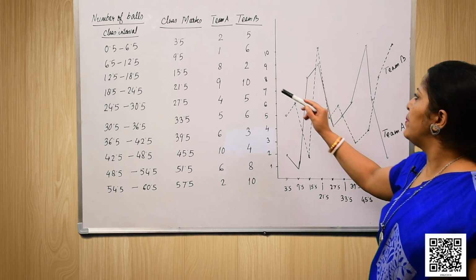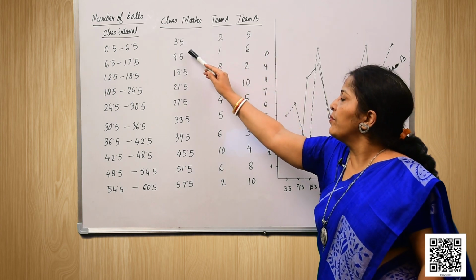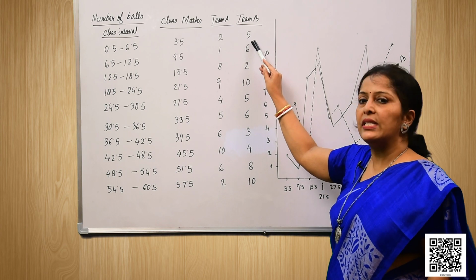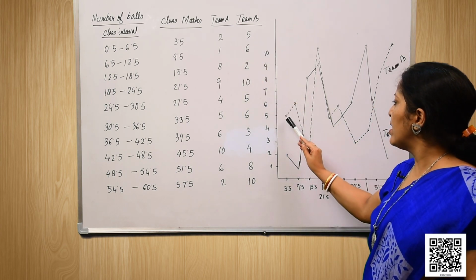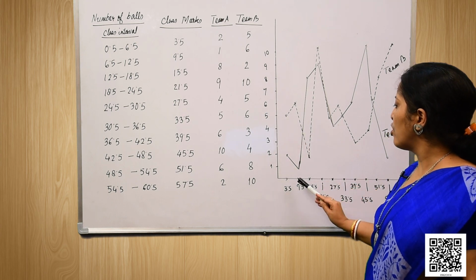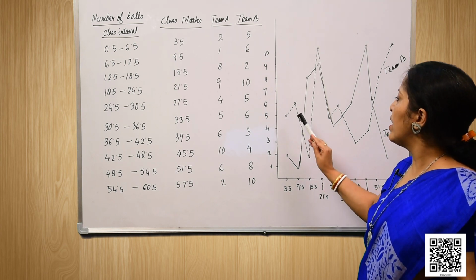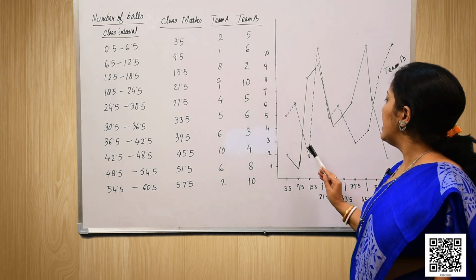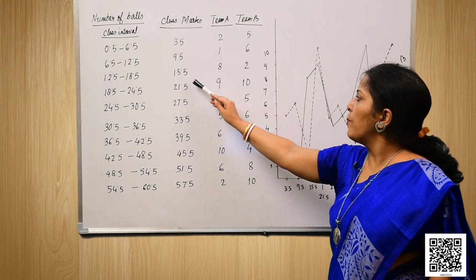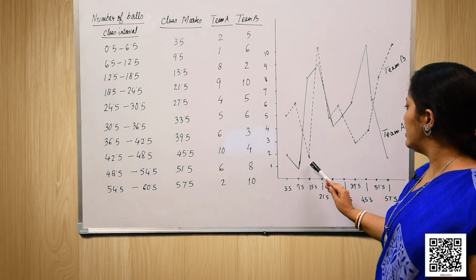Now we come to team B. Here on top of 3.5 we have the frequency 5. So on top of 3.5 we mark the frequency at 5. On top of 9.5 we mark the frequency at 6 as was given to us. The next is 2 on top of 15.5. So here it is.